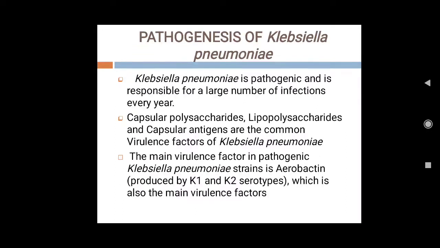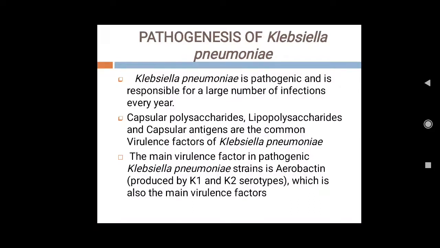Pathogenesis of Klebsiella pneumoniae. Klebsiella pneumoniae is pathogenic and is responsible for a large number of infections every year. Capsular polysaccharide, lipopolysaccharide, and capsular antigens are the common virulence factors. The main virulence factor in pathogenic strains is aerobactin, produced by K1 and K2 serotypes.